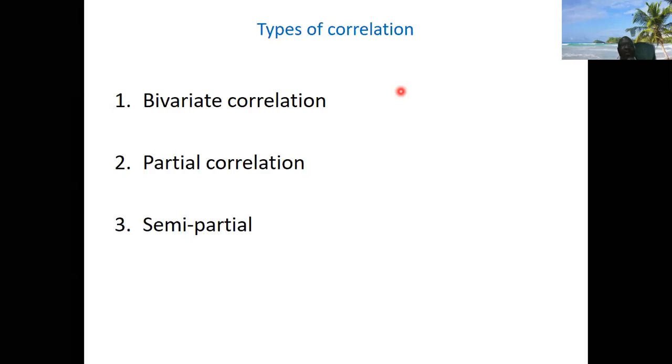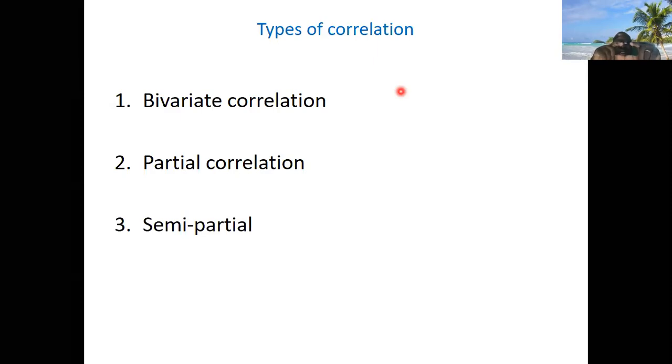Now, a third variable may come in. We have already said that correlation is the strength of linear relationship between two quantitative variables. Now, sometimes a third variable comes in because you want to remove the effect of a confounder from the correlation you are looking at.